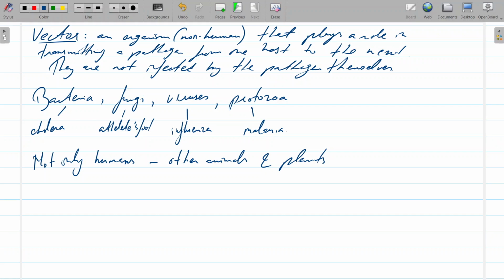Examples of viruses for plants are, for example, the tobacco mosaic virus, and this affects tomato plants as well as tobacco plants.